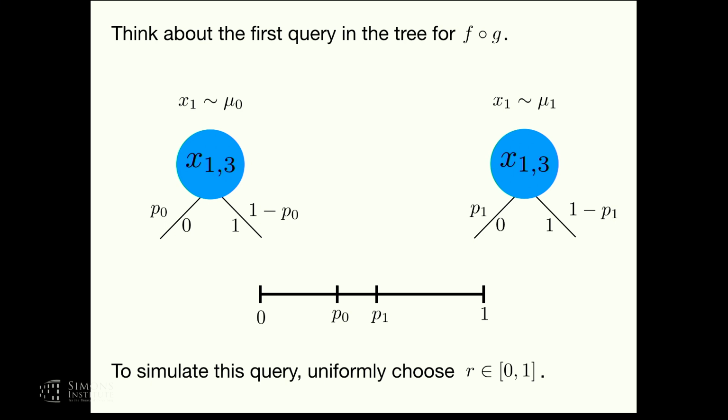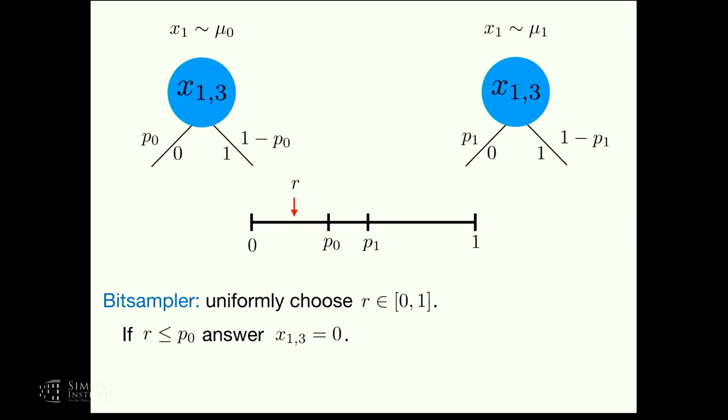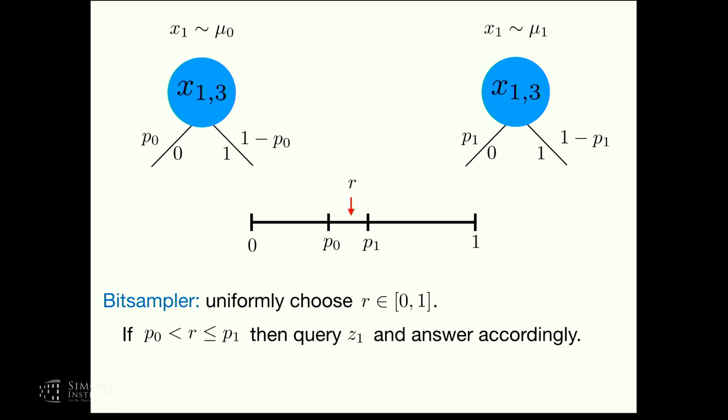Well, imagine that p0 is less than p1, and I randomly choose r in [0,1], in this interval. If r is less than p0, then I can just go left. If r is bigger than p1, I can just go right, because I should go right in both of these cases. So the only time I have to query is if r is in between p0 and p1.